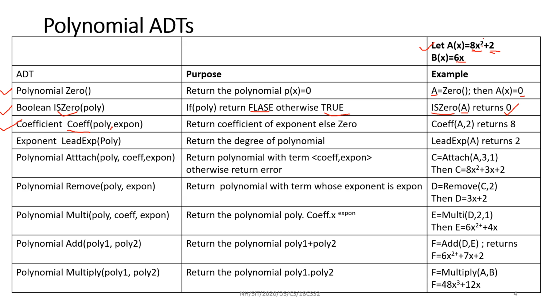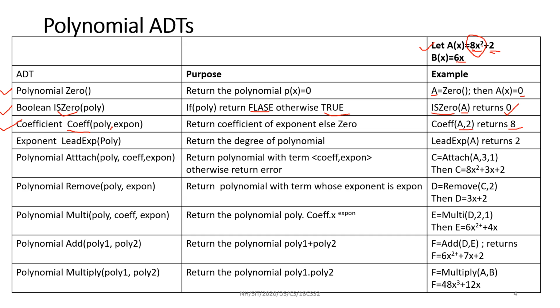What is the coefficient of the term having exponent 2? The coefficient is 8, as you can see here, 8x square. So this function returns the coefficient value 8.